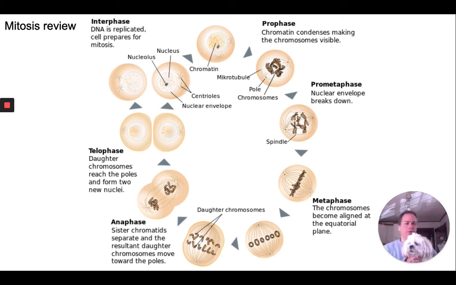In prophase, it condenses to form the chromosomes. Then in metaphase those chromosomes line up, single file, right down the middle of the cell, and then the two halves of each chromosome get pulled apart. In anaphase, they get pulled to opposite ends of the cell, and then eventually a new nucleus forms in telophase, and the cell itself splits.